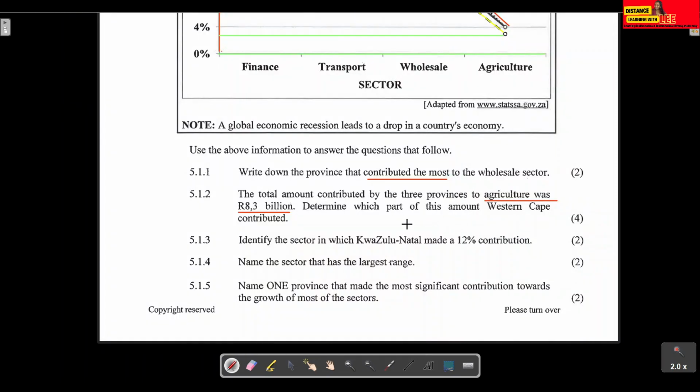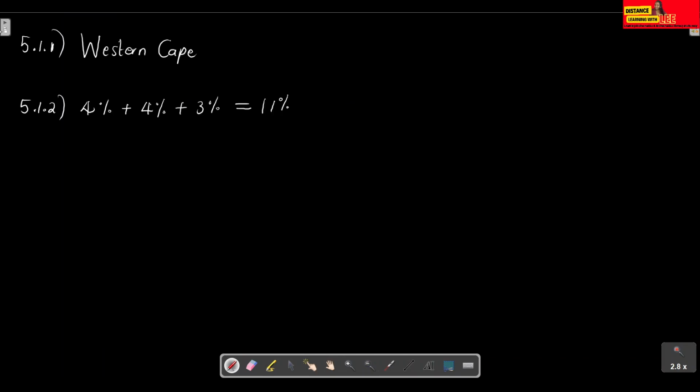So if we want the actual amount that the Western Cape contributed towards the agricultural sector, what do we need to do? We already know that the total contributions amounted to 8.3 billion. How do you write 8.3 billion?